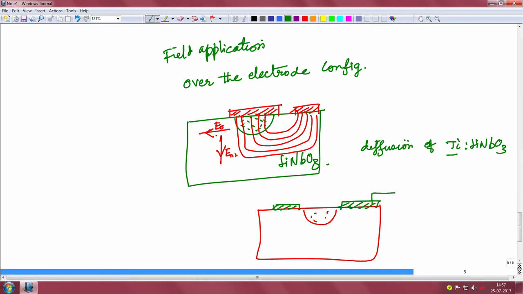So, let us say this is the ground electrode, this is the signal electrode, and the fields can be expressed to be parallel to the direction of the field. This is the E microwave field, and if you are considering TE mode, E optical also is in this direction. So, there are various configurations that are possible, and also you talk in terms of the crystal orientation.